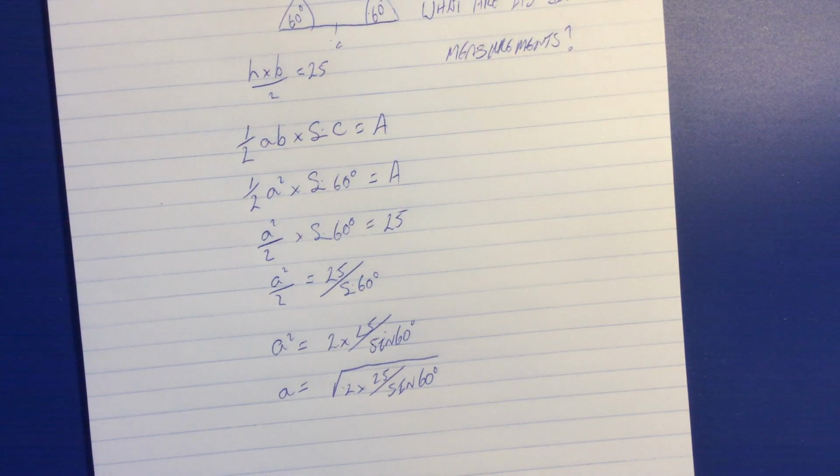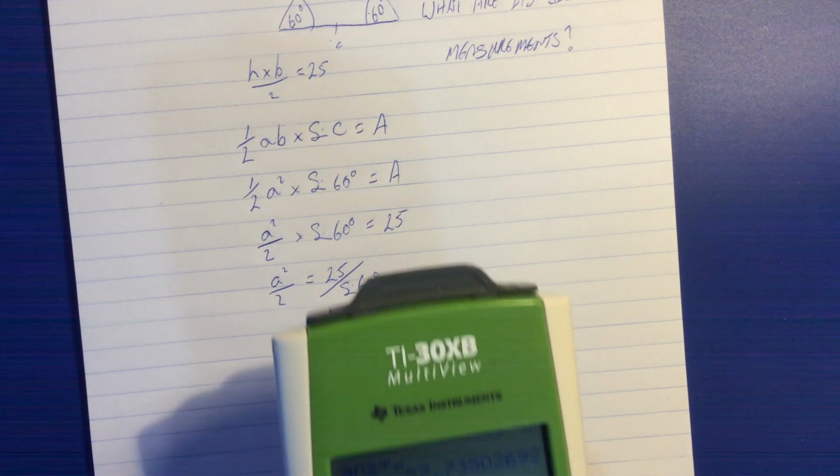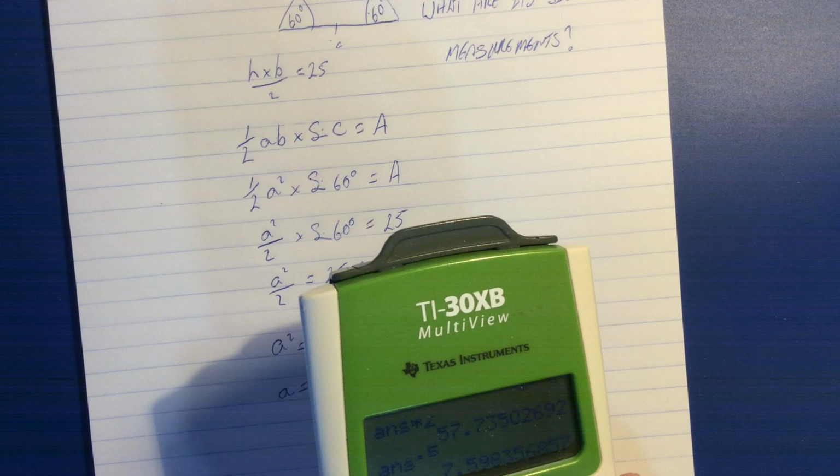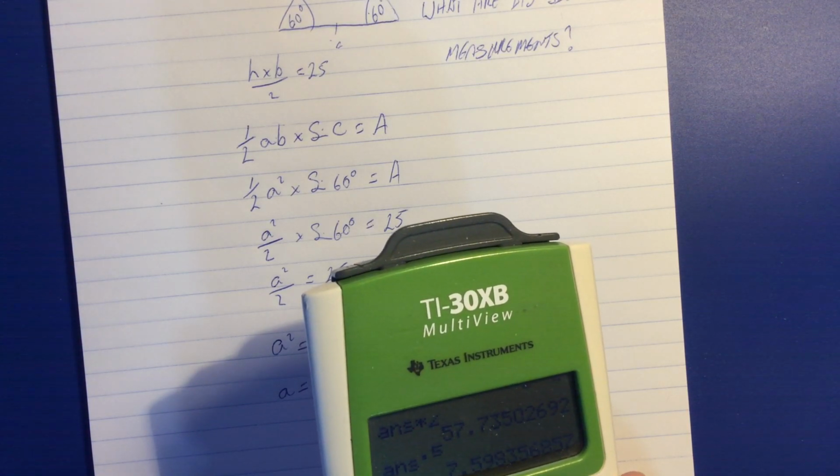Now, I need to find the square root of that. So the next thing to do is to raise that to the power of a half, which is the easiest thing to do on this calculator. And what we get is 7.598.